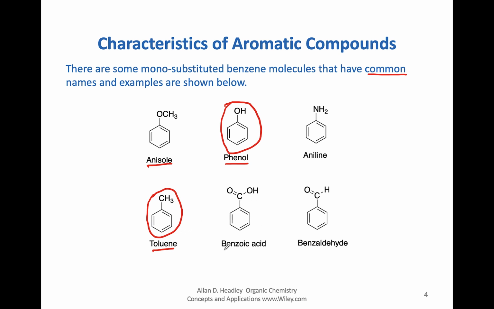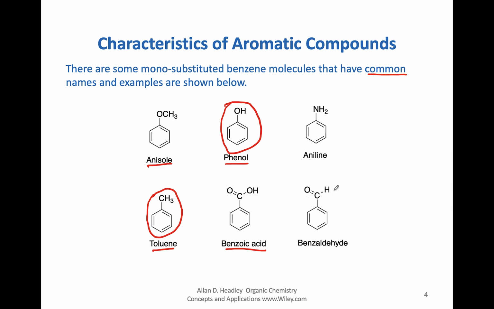Benzoic acid, we're familiar with that. We've seen that quite a bit throughout our course so far. It, of course, has the carboxylic acid functionality bonded to the benzene ring. So therefore, this entire molecule is benzoic acid.